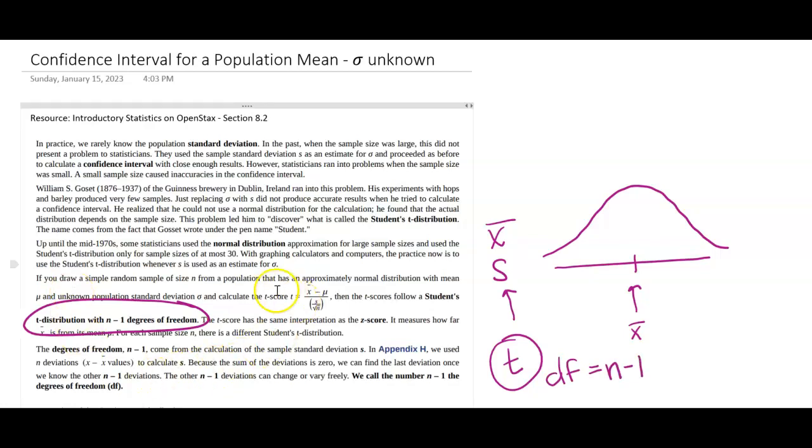It has the same interpretation as z. It's still this number of standard deviations away. It just more accurately describes what's going on when we're using s instead of the population standard deviation, because you have two point estimates versus just one. So there's too much variation going on.